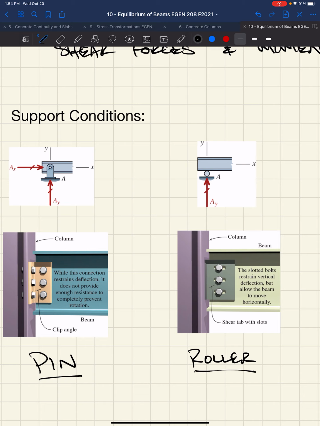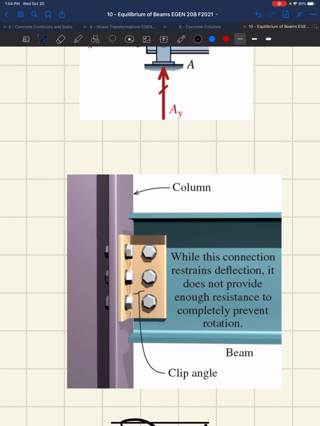That's the analogy of a roller. Then the pin side, we bolt the web to the column. But we have to be careful that we don't create too much rotational fixity there. If you add enough components at that angle, and the angle becomes too thick, too strong and too stiff, it's going to restrain the beam from rotating.